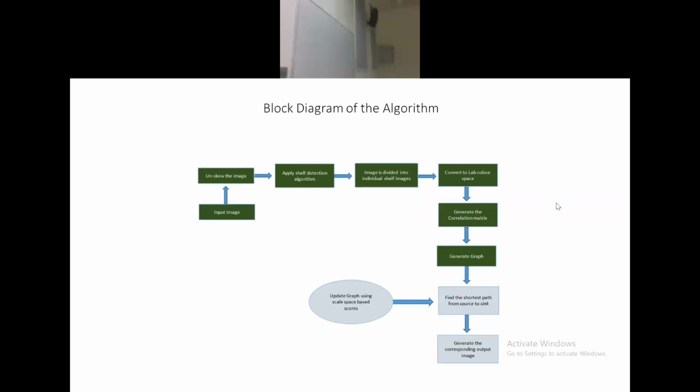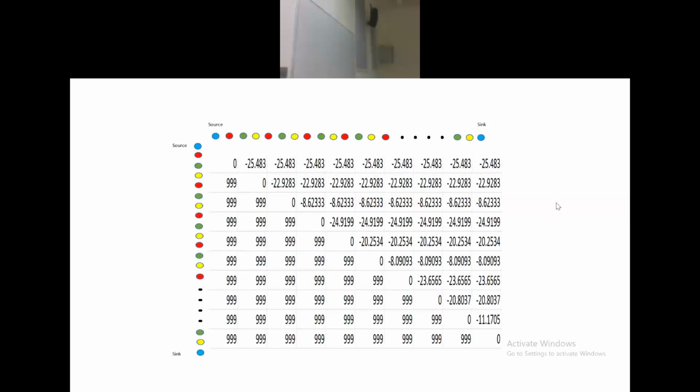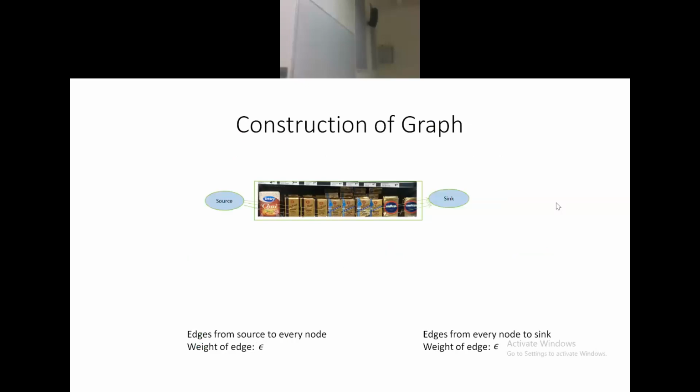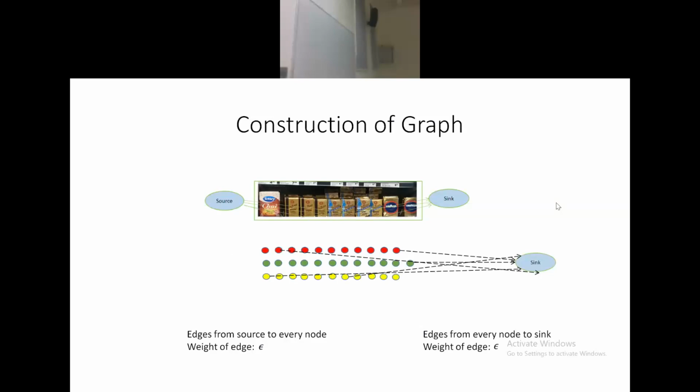Then I come back to that network flow problem. So I have a source. These are the scores, how good those matches are. So I have a source node, all possible paths, and then I also have a sink node. Then you find the minimum cost flow within the network to find the arrangement.